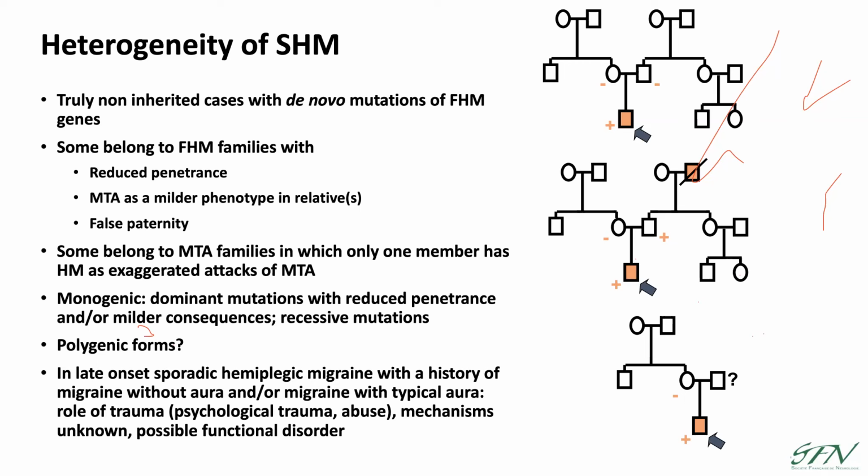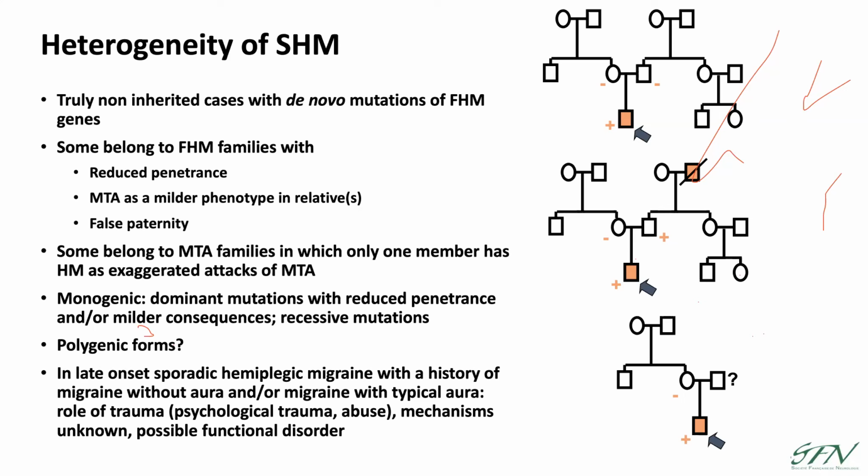In the army, they were confronted with a huge number of soldiers coming back from Iraq or Afghanistan who developed symptoms of migraine with hemiplegic aura. So perhaps that trauma, psychological trauma or abuse, can trigger hemiplegic migraine attacks that start later in adulthood.